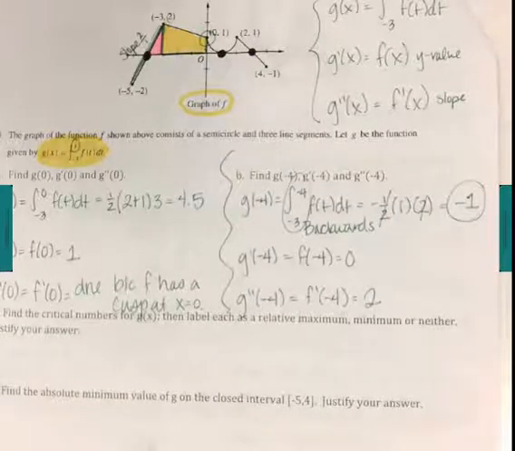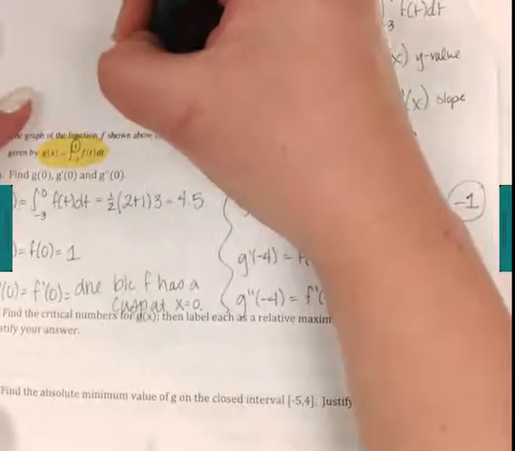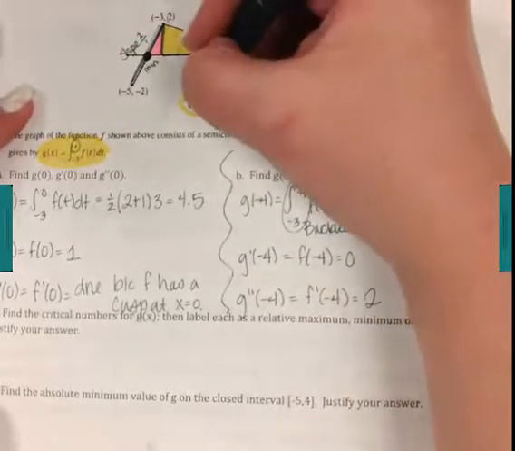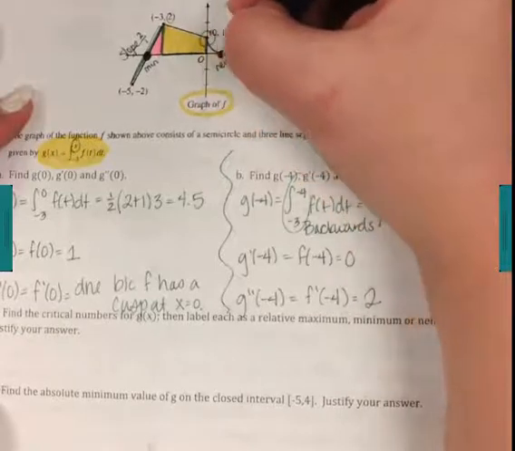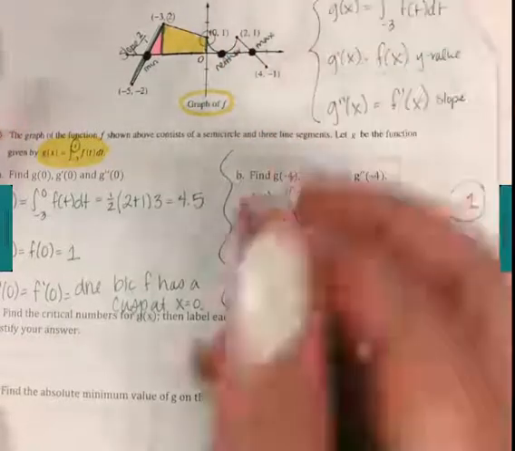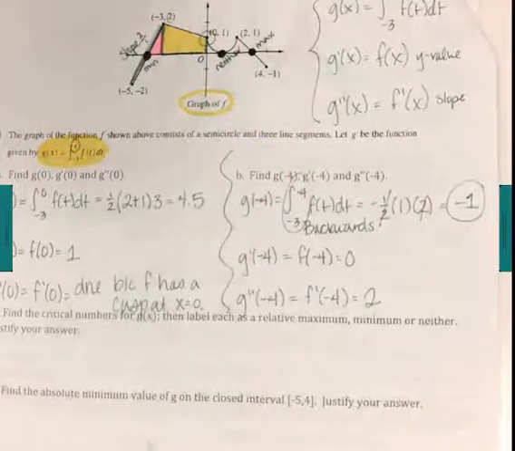Now, out of those numbers, which is a min, which is a max, which is a neither? Negative 4 is a min, 1 is a neither, and 3 is a max. We understand why: it's just because of the sign change. If it goes minus to plus, that's a min. Plus to minus is a max, and if it touches but doesn't change, that's a neither.